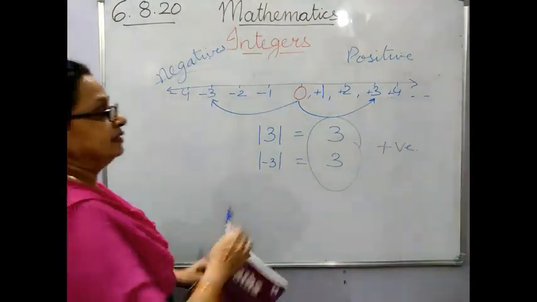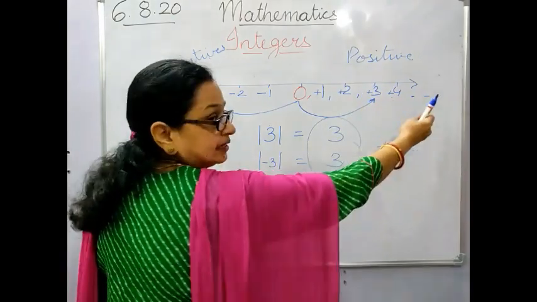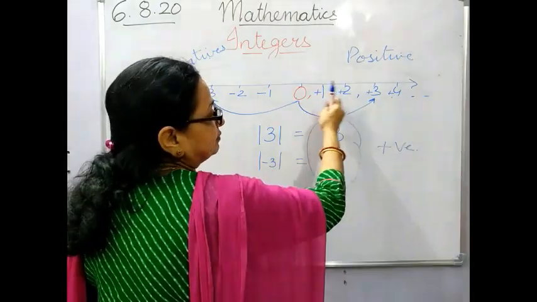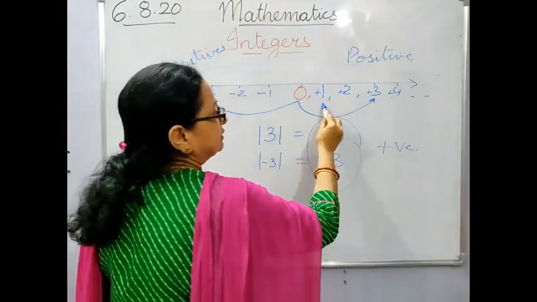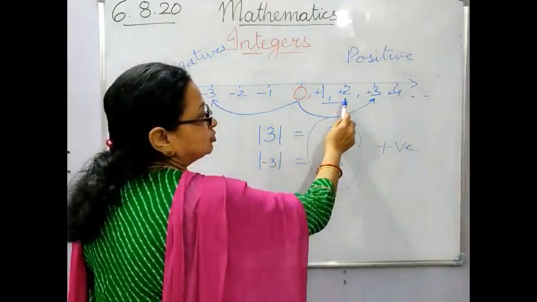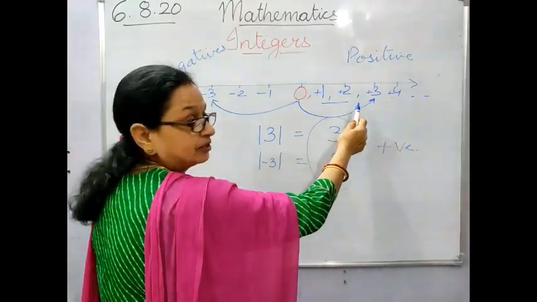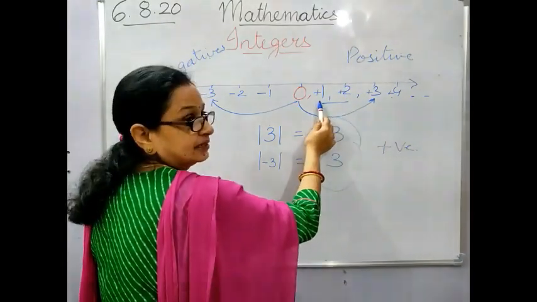Now if you see, these positive numbers are increasing, and the number which is on the right side of the other number, suppose we take these two numbers, this 2 is on the right side, so this is greater than this.